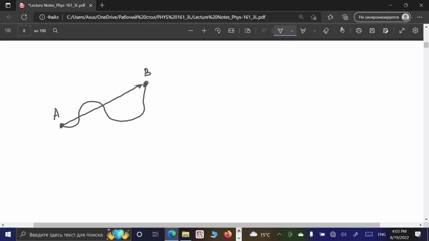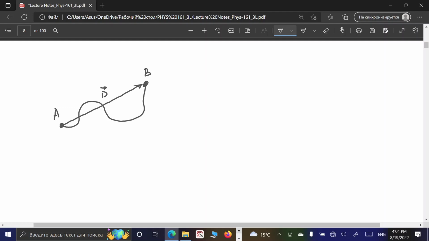And this is a vector. Let's call it d vector, the displacement vector. In this case, it connects point A and point B in the shortest direction, meaning just a straight line between these two points. And it's already a vector quantity because it has magnitude.